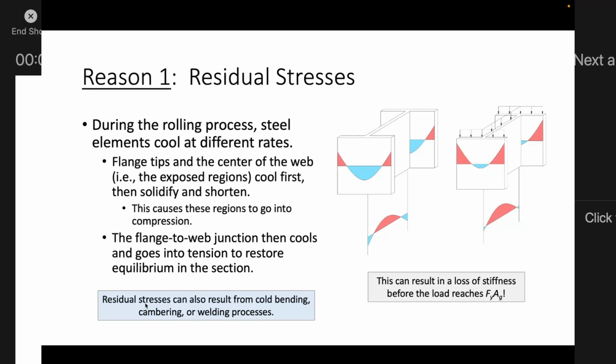So because that's happening at different rates throughout the cross section, what's happening is that these flange tips are going into compression longitudinally, and then the flange web junction is going into tension in order to maintain equilibrium. To be clear, the column's not running away from you because of these what are called residual stresses.